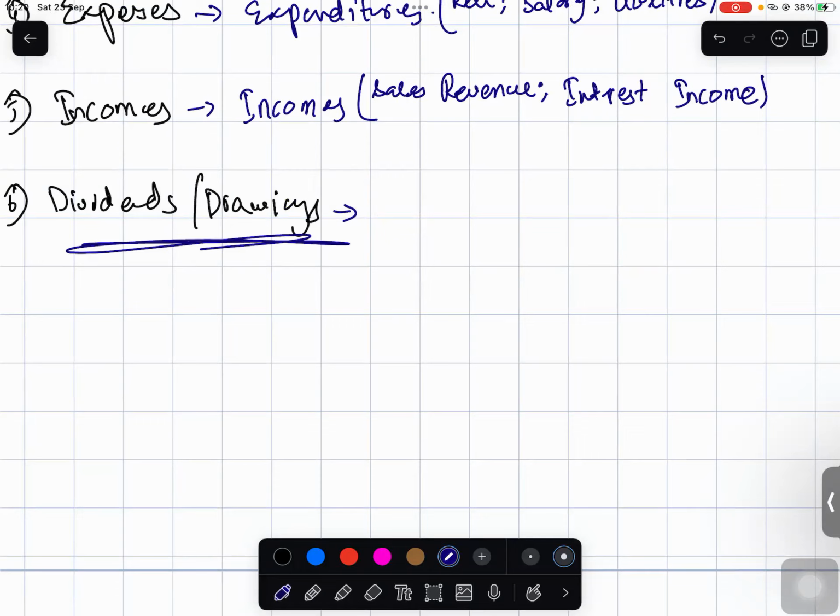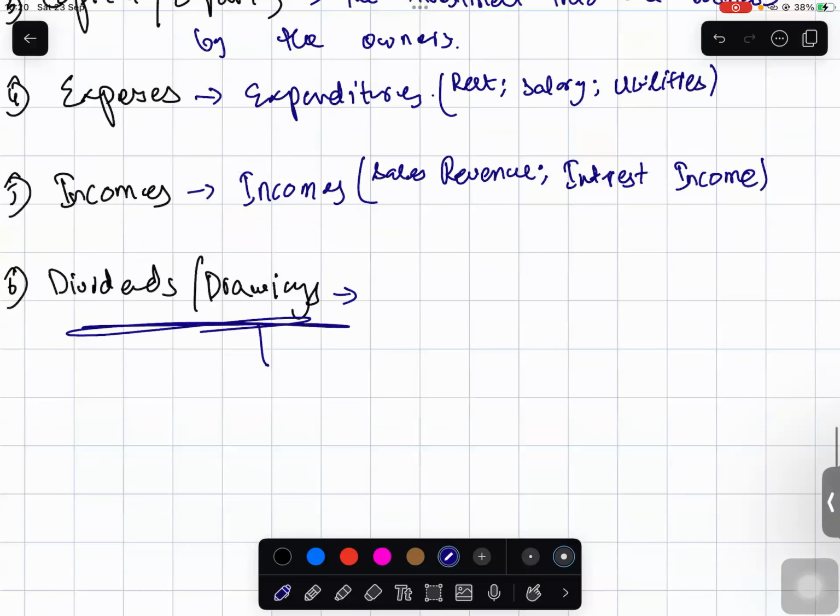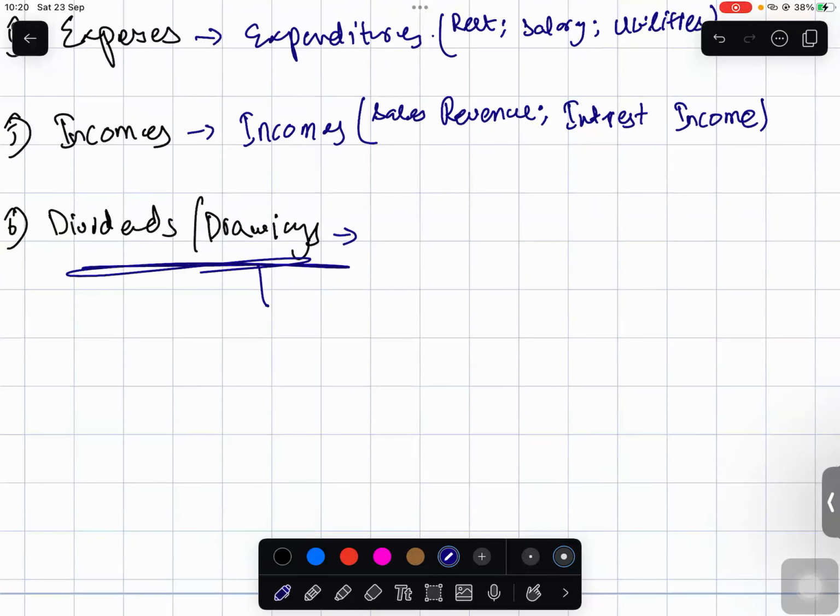So whenever we're talking about sole traders, or basically small businesses owned by just one person, whenever they take stuff out of the business, the stuff could be in the form of their stock or inventory, or that could be in the form of cash as well. So those are basically drawings. And when we talk about companies and they make profits, they pay some of that profit back to their owners who are their shareholders. So that's basically a dividend. In fact, I'll just write it as well. Just give me 1 second.